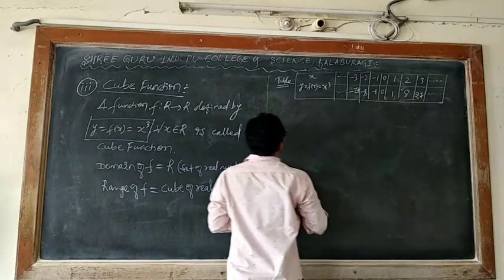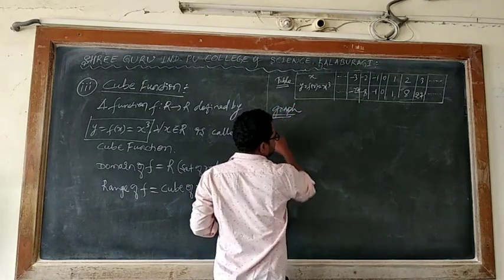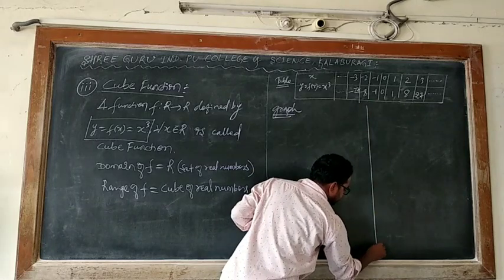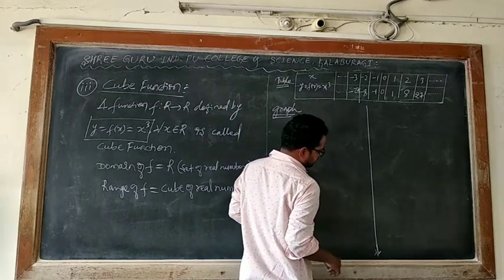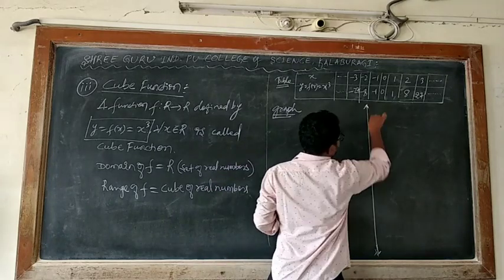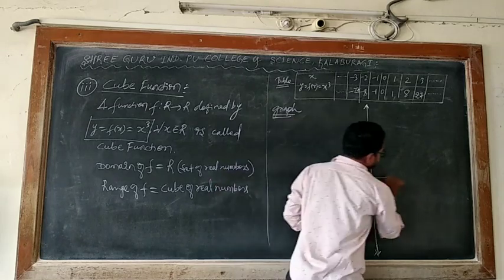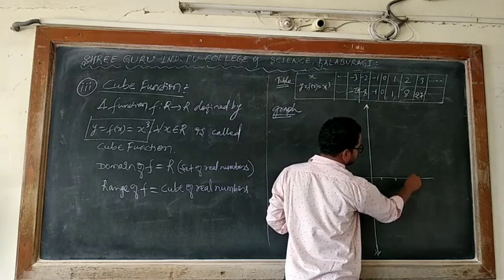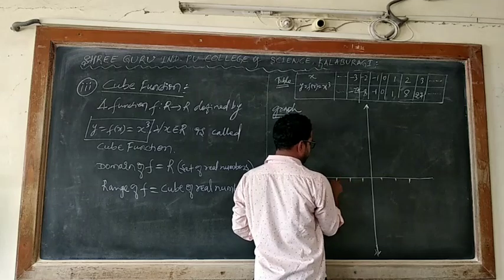Now I will take the graph of this. I will take y longer, because when I take 3, I will get y value 27. So on the x axis, 1, 2, 3, minus 1, minus 2, minus 3.